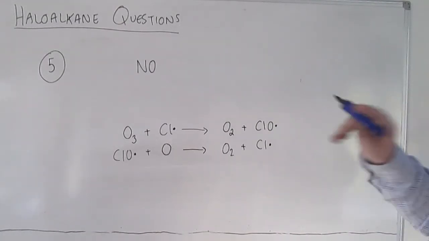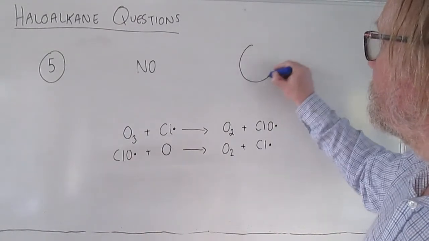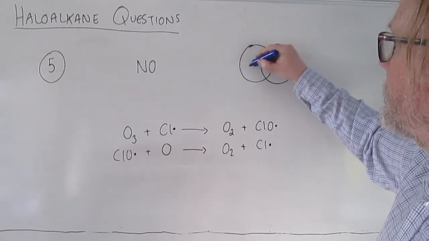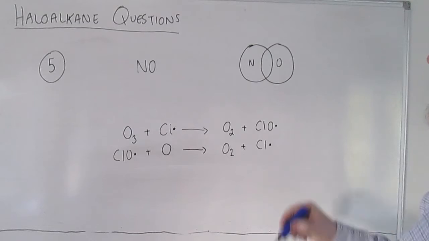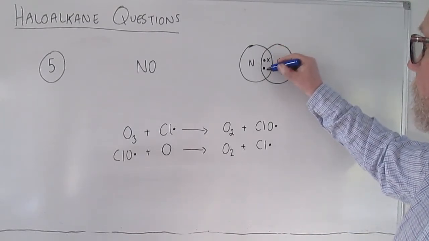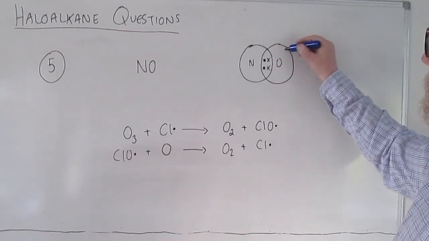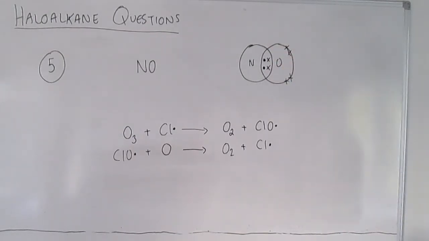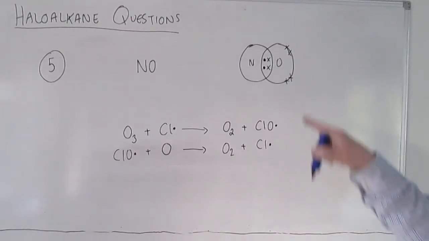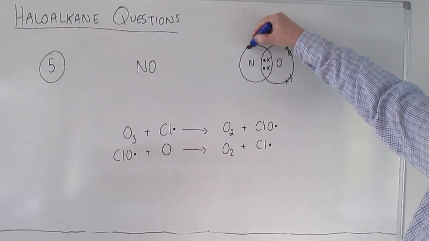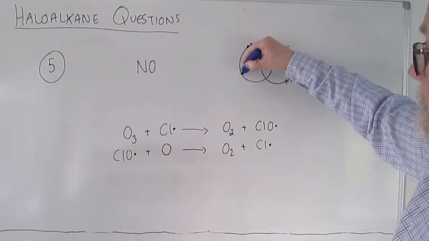And the thing about NO, if we just do a quick dot and cross diagram, again you don't have to do this in the question, but this is just a bit of background. If you think about how the dot and cross diagram works, oxygen's going to form two bonds like it usually does, completing its 8 electrons. If we look at where that leaves nitrogen, it's in group 5, it's used 2 of its 5, so it will have 3 left over.